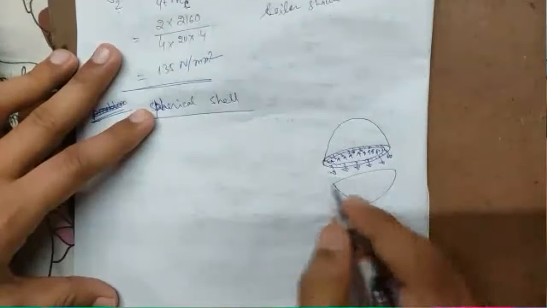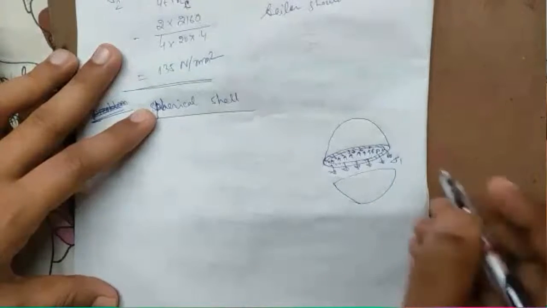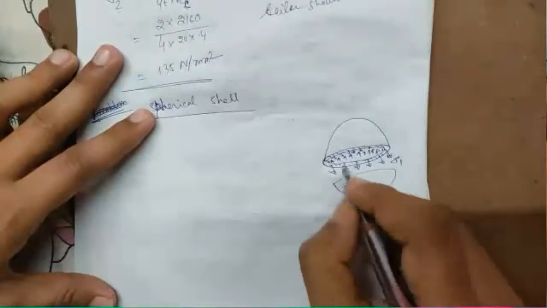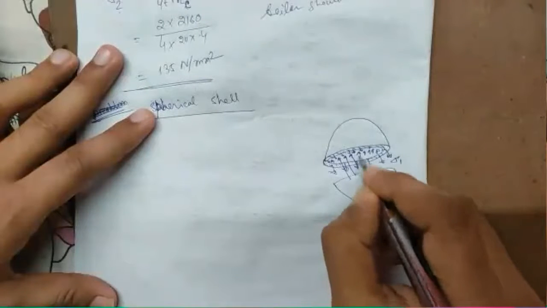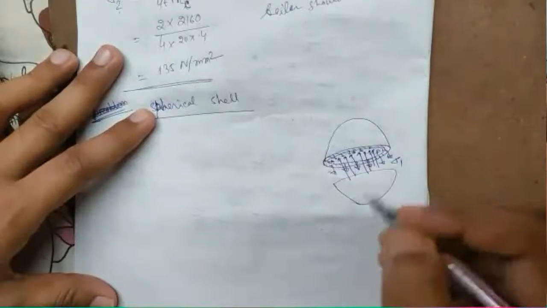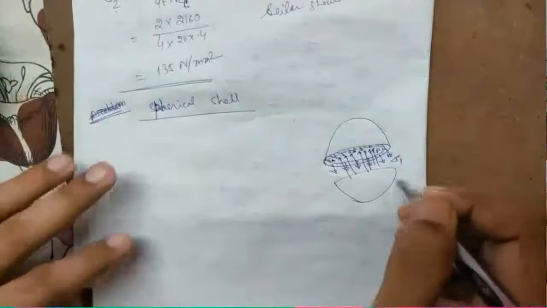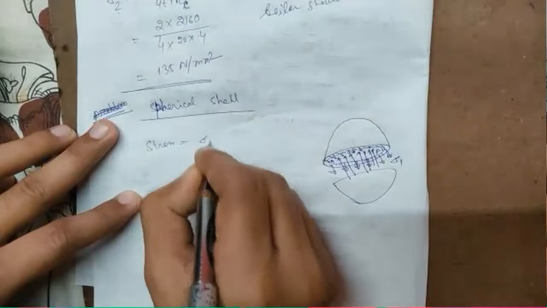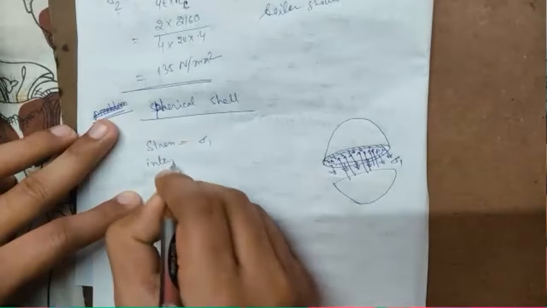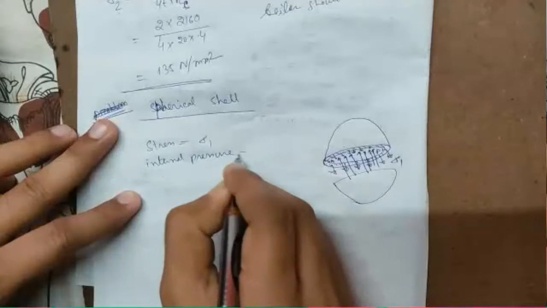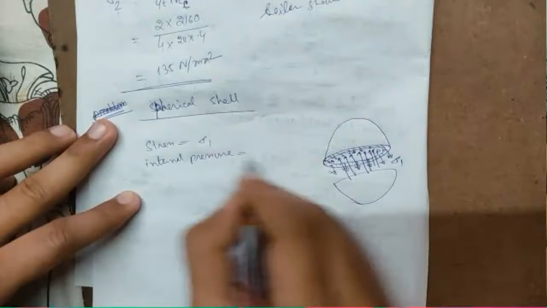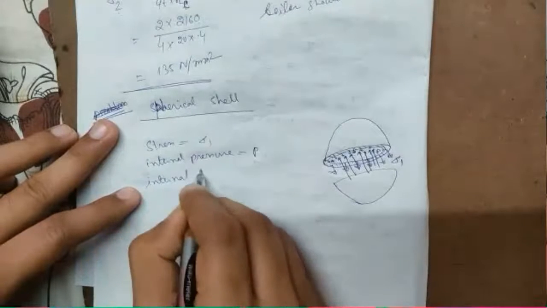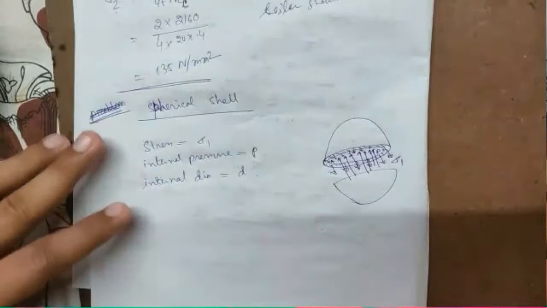So if the stress generated is sigma 1 and the internal pressure is P, internal dia is small d, okay.